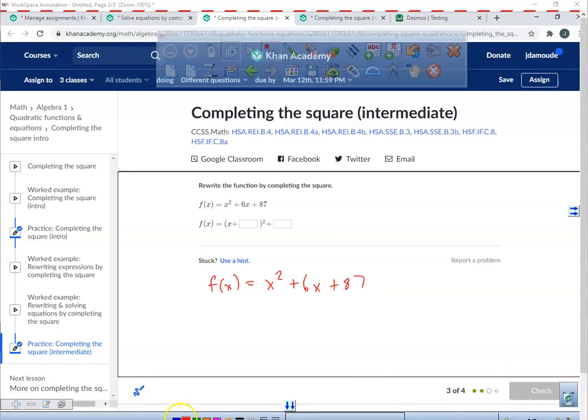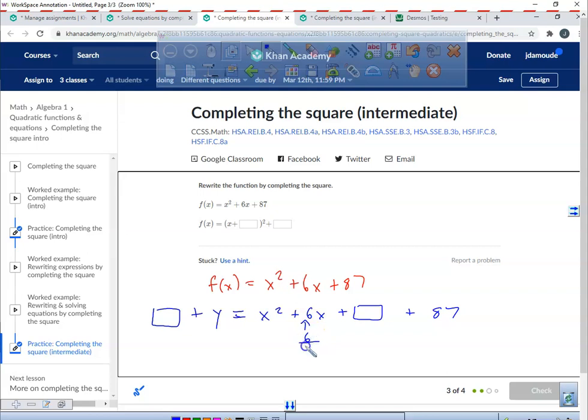All right, first step. I'm going to put an empty box plus y equals x squared plus 6x plus an empty box plus an 87. I realize it's not a box, I'm just putting an empty space. That's the first step. The next step is I look at my b value, which is 6.